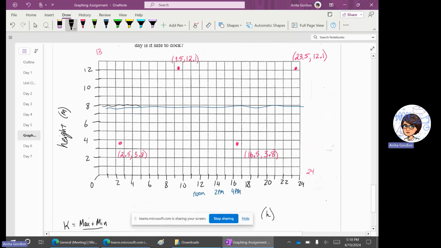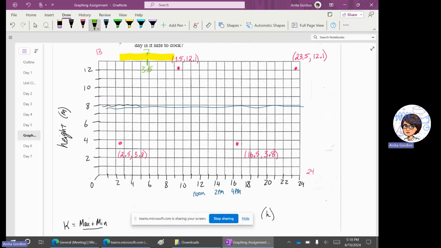Now what I need to know is, what's the time between the high and the low? We know that the total time is 7 hours. So halfway is going to be 3.5 hours.